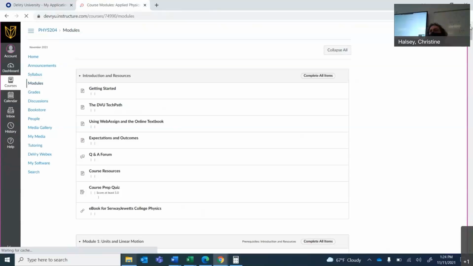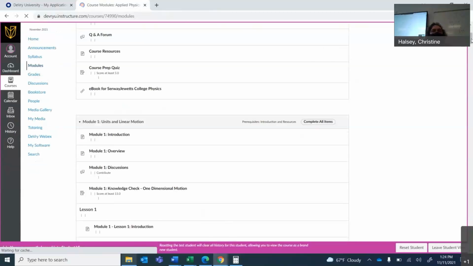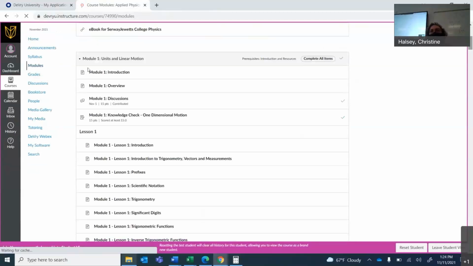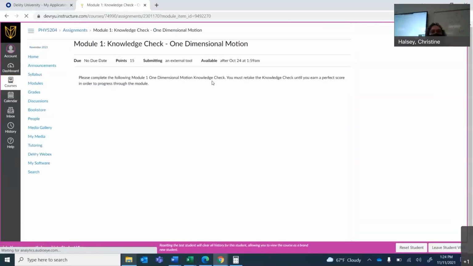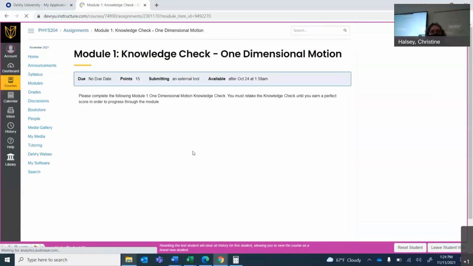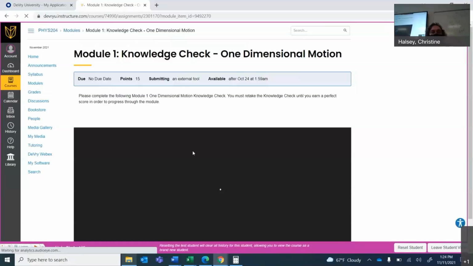Next, you'll come into module 1 and do a discussion post. Once you've done a discussion post, you can then get into the knowledge check. The knowledge check is another Playposit.